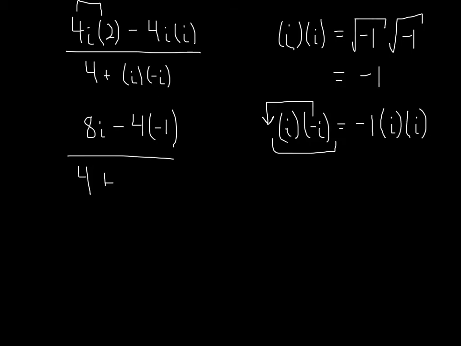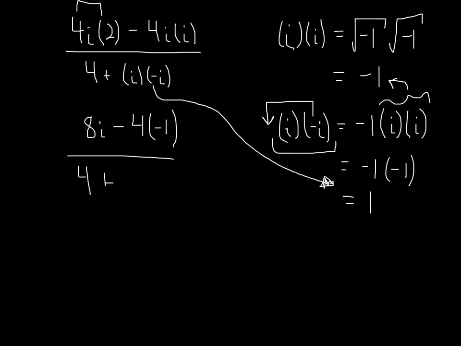And I recognize that i times i is negative 1. So this is going to give me negative 1 times a negative 1. Negative times negative gives me a positive 1. So that negative right there results in me getting a positive 1 instead of the i times i, which is equal to negative 1 that I have up in my numerator. Lots of little arrows shuffling us around.